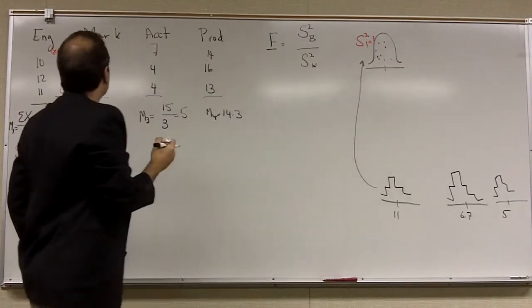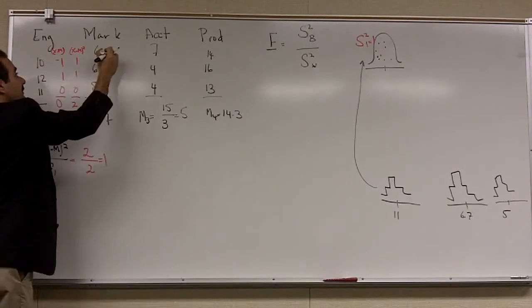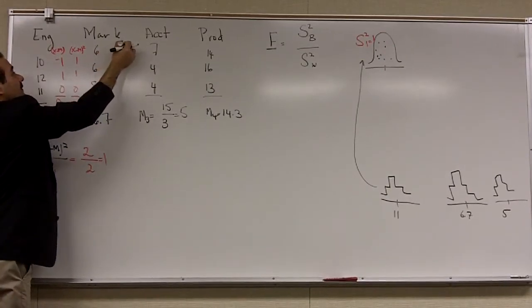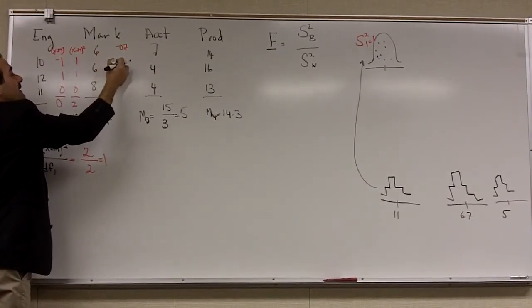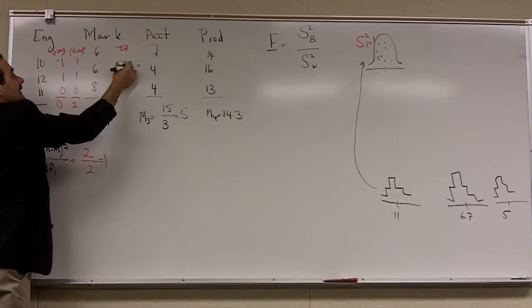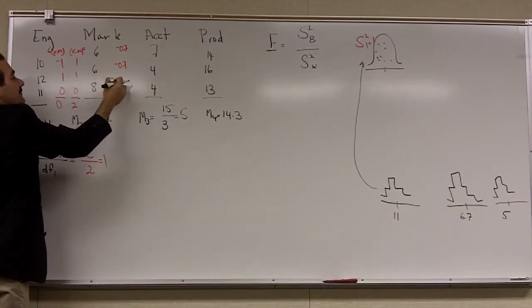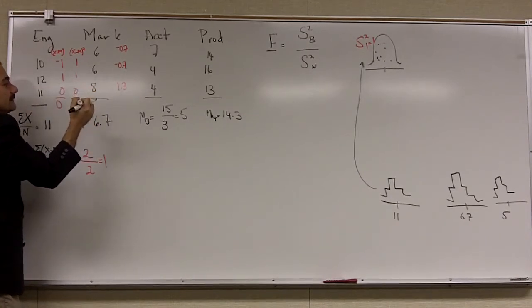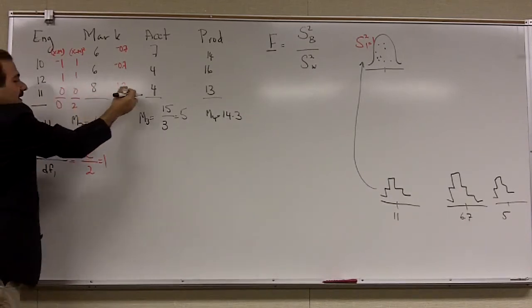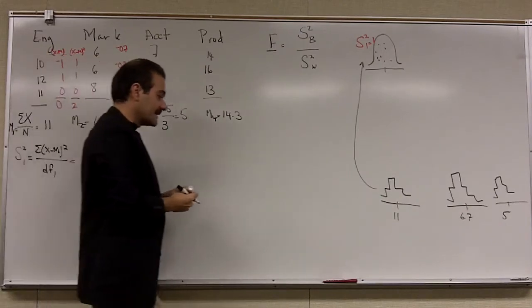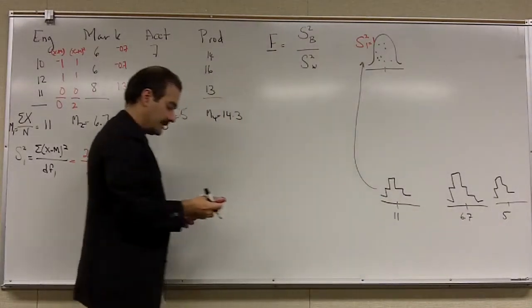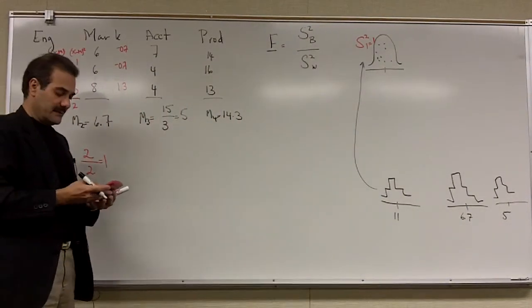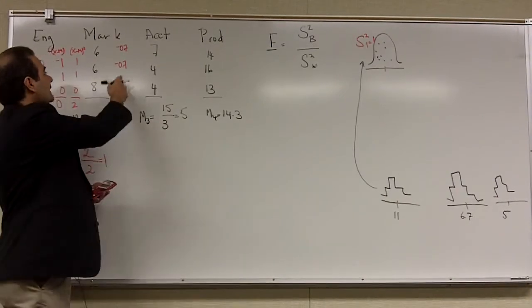How about s squared 2? 6 minus 6.7 is minus 0.7. 6 minus 6.7 is minus 0.7. 8 minus 6.7 is 1.3, right? And supposedly this will sum up to 0, but it doesn't because we rounded.